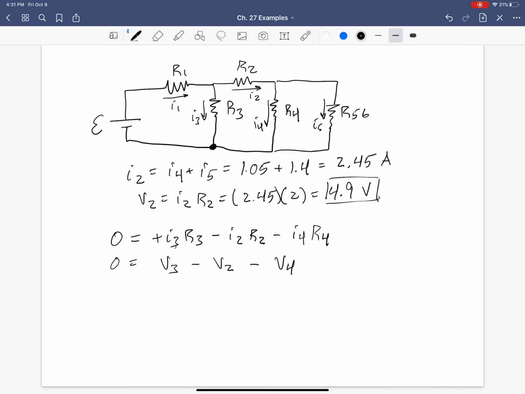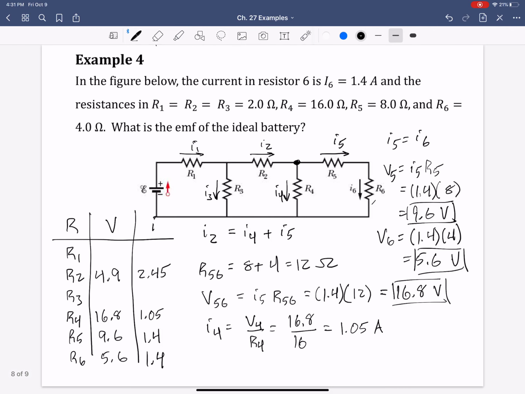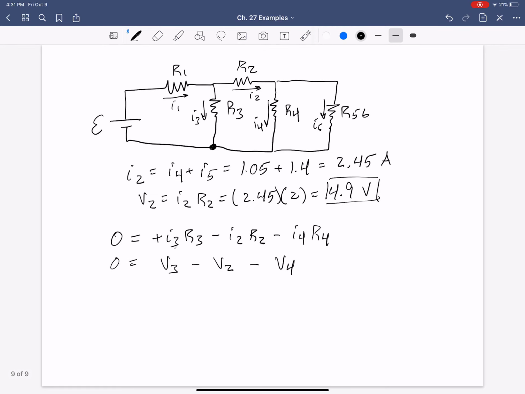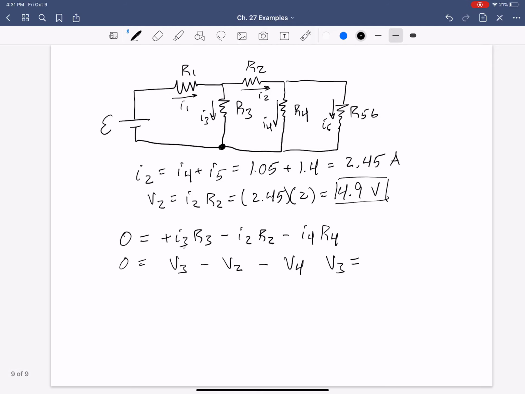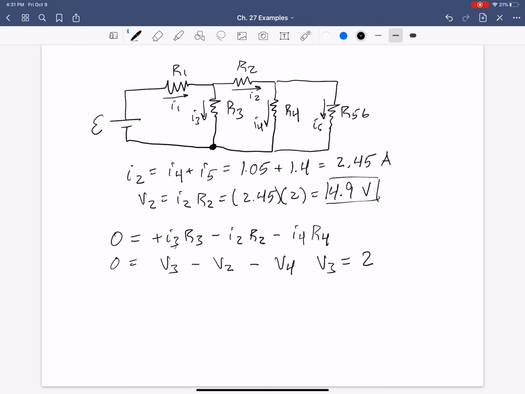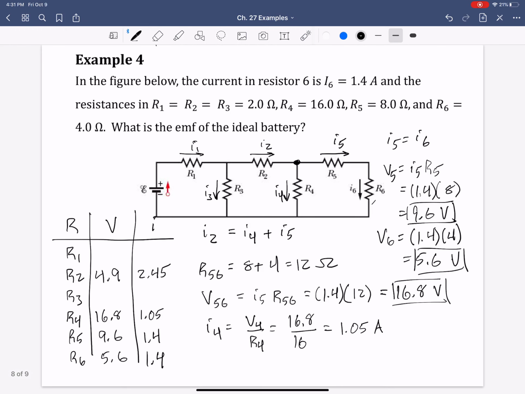We know V2 and V4. We've already found those. V2 is 4.9, V4 is 16.8. So V3 is simply the sum of those, which is 21.7. Right? 21.7.